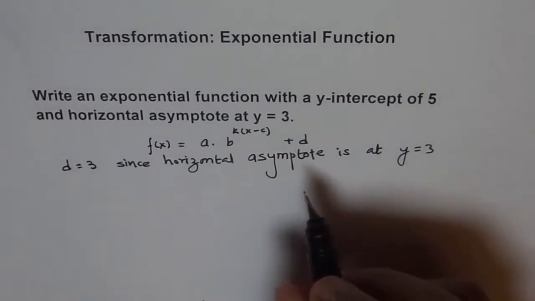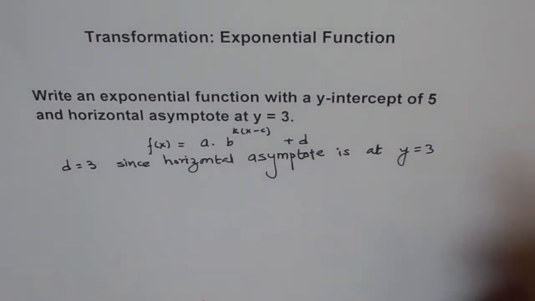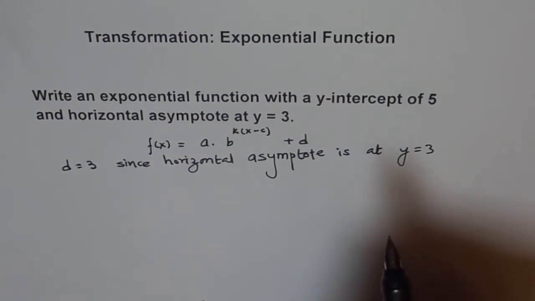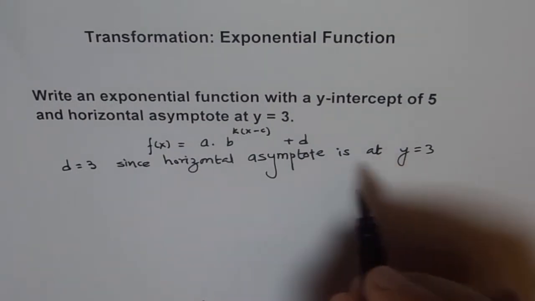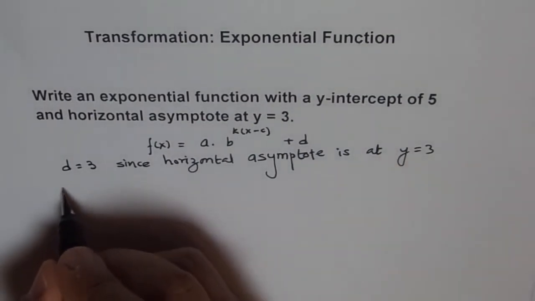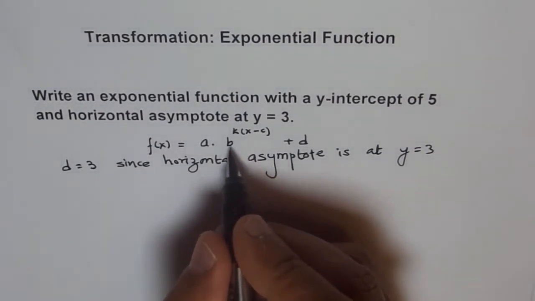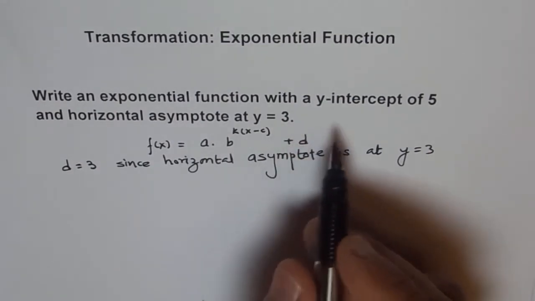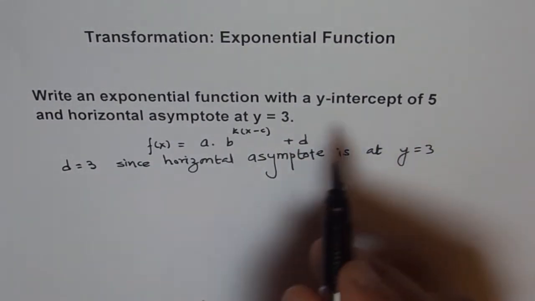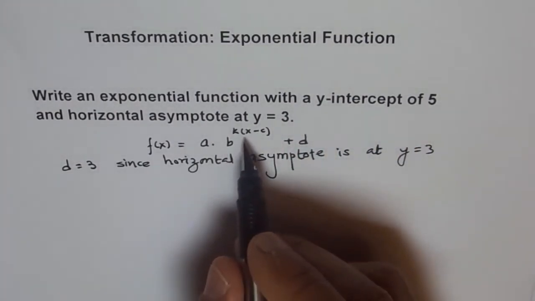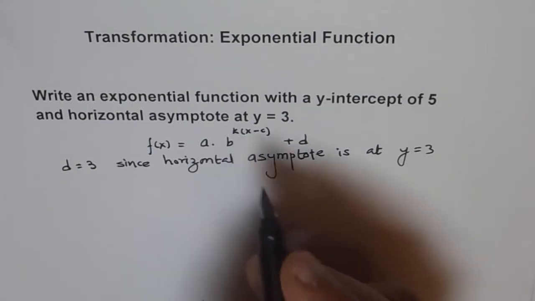Now for our exponential function, let's consider our basic function 2 to the power of x, so b becomes 2. And we need a y-intercept of 5. Anything to the power of 0 will give us 1 in the normal case.